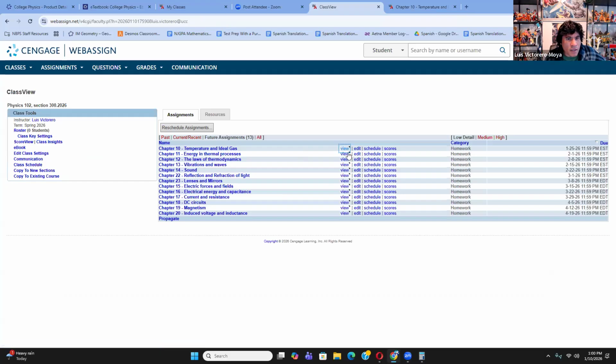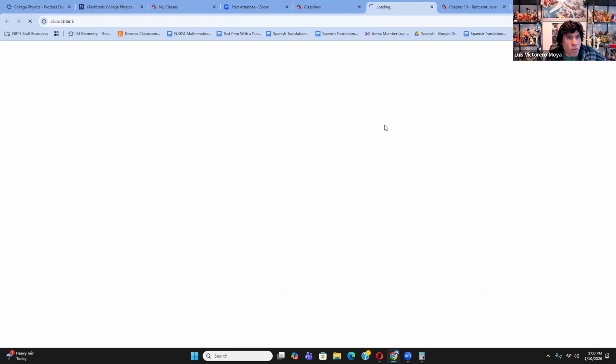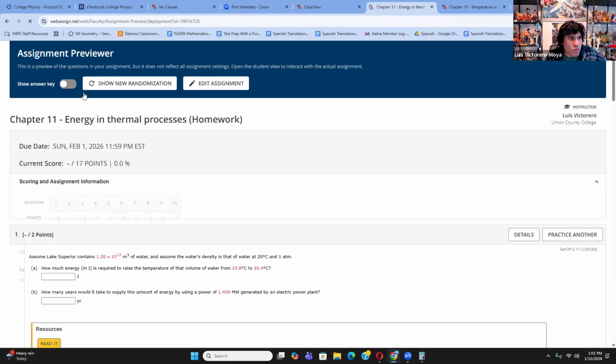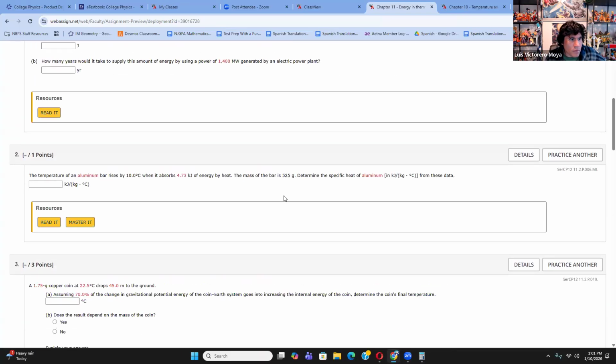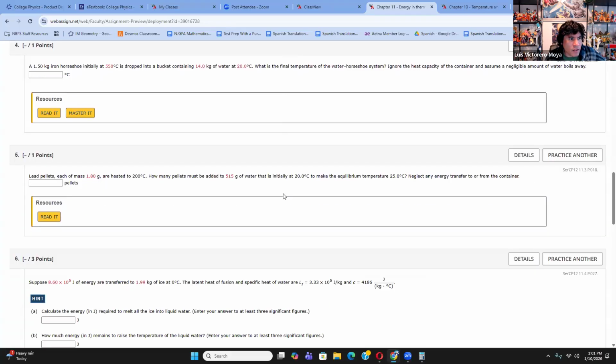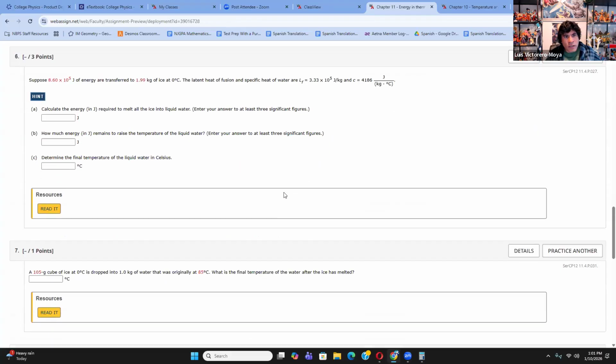In the next assignment is where we're going to have more of the heat and calorimetry sort of problems. Specific heat is here, and then you have here thermal equilibrium and such, all right?